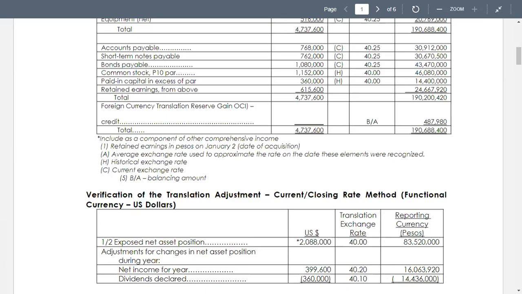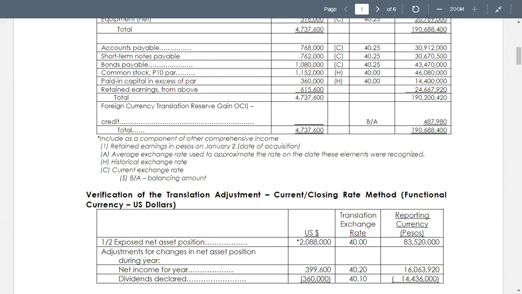So accumulated depreciation is referring now to the historical cost. As stated, the building was acquired in 20x2 when the rate was 0.26. So, the building account will be translated by using 0.26H, meaning historical.